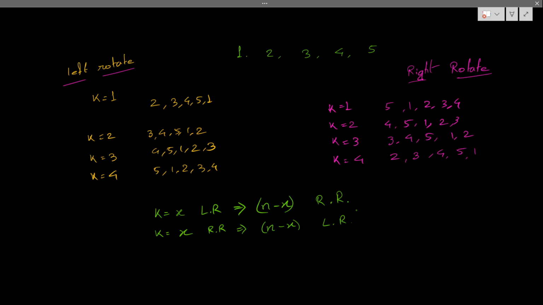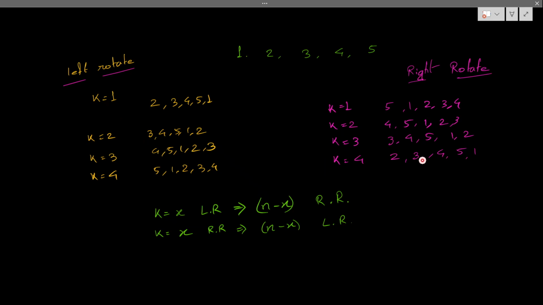So you don't have to remember two different logics. Just understand one logic, and simply by using this, you can convert left rotate to right rotate, and similarly right rotate to left rotate. The same logic.